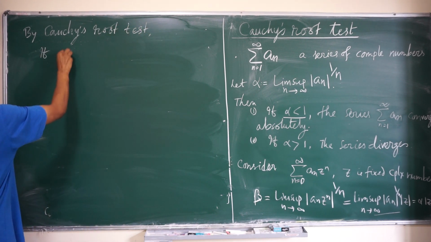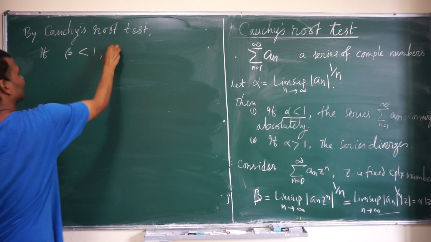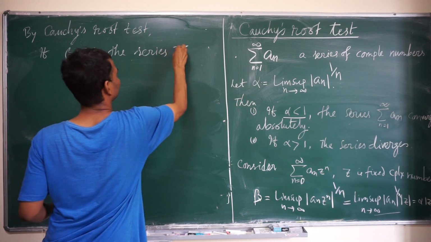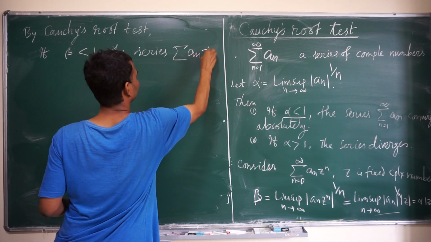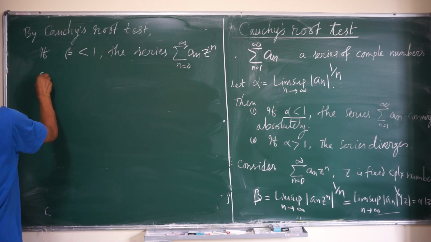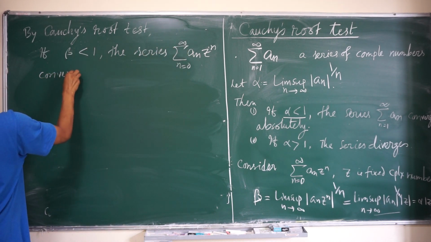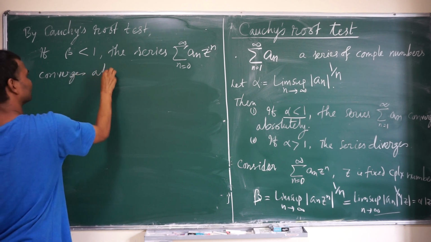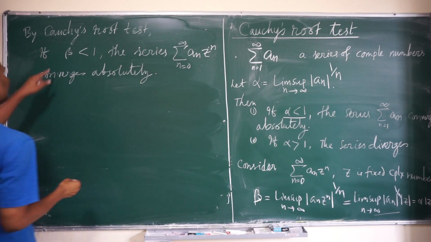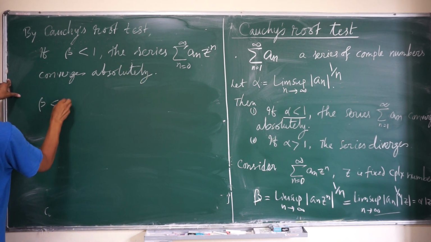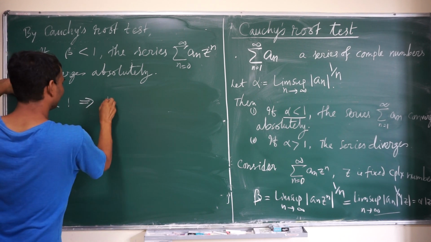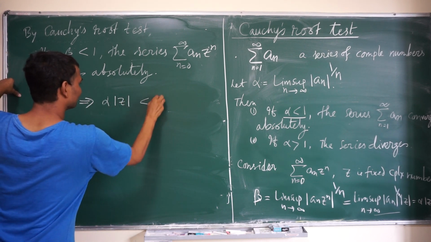if beta is less than 1, the series summation a n z to the power n from 0 to infinity converges absolutely. Alright, so now beta less than 1 implies alpha times mod z is less than 1.